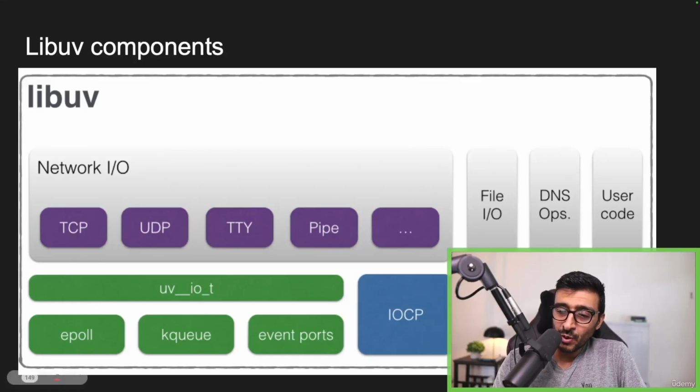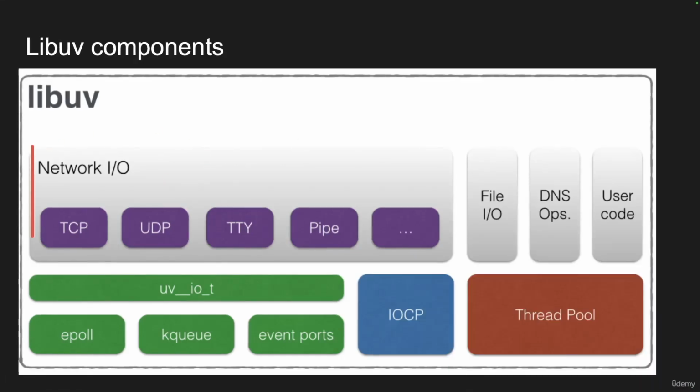So here are the components of libuv. You have the network piece. That's TCP, UDP, and TTY, which stands for teletype writer, I think. And this is basically anything to do with screens.